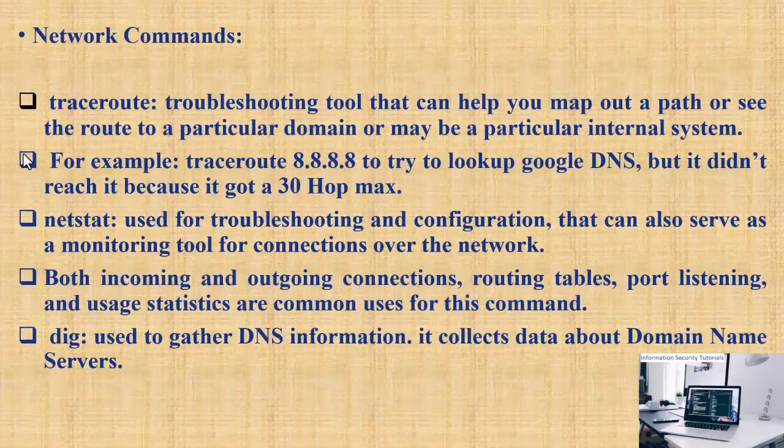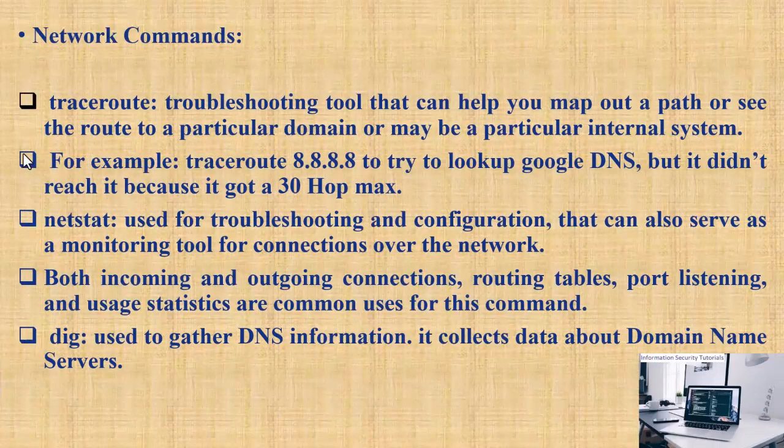The next command we will discuss is traceroute, another troubleshooting tool that can help you map out a path or see the route to a particular domain. If you are trying to reach another computer or a server on your network and you got stuck somewhere in this path, you can use traceroute to map the path to the destination, get information about exactly where the problem is, and start to solve it.